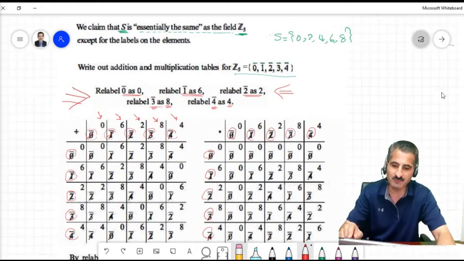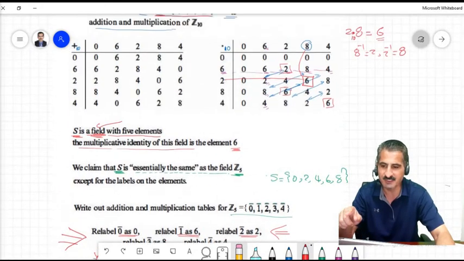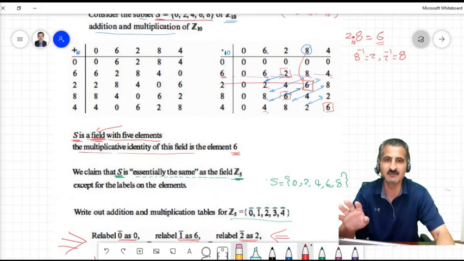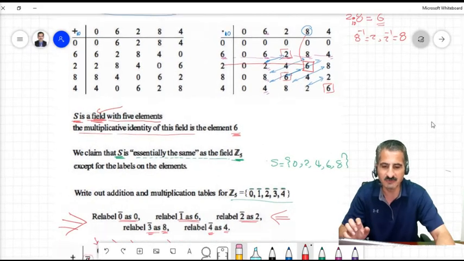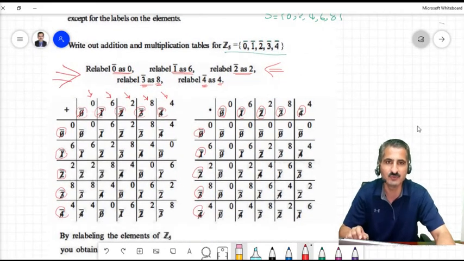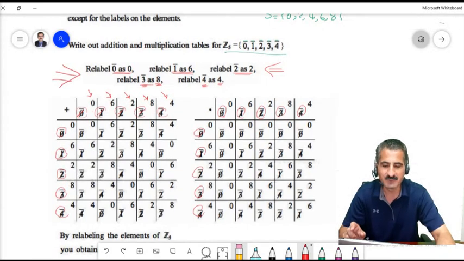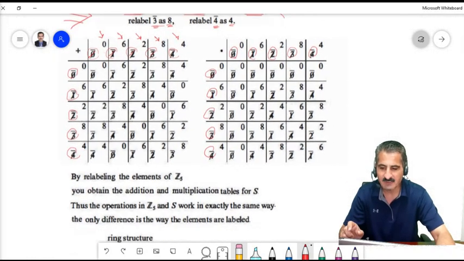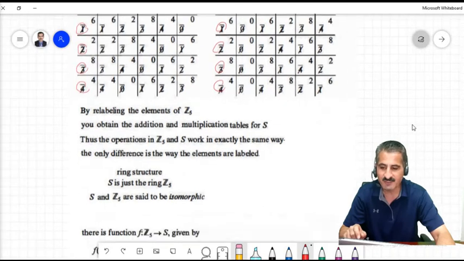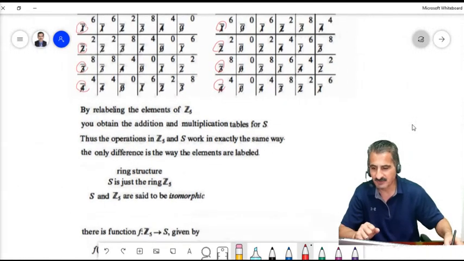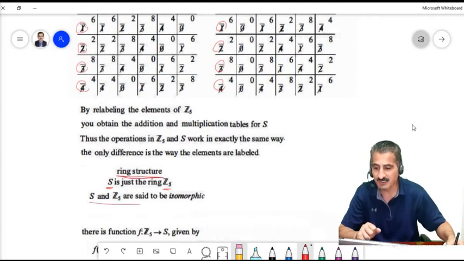Now, if you go back to the tables above in S, it will be the very same table you get out of these two after relabeling. That means S and Z5 have the same structure. So S and Z5 have the same ring structure, and we say they are isomorphic.